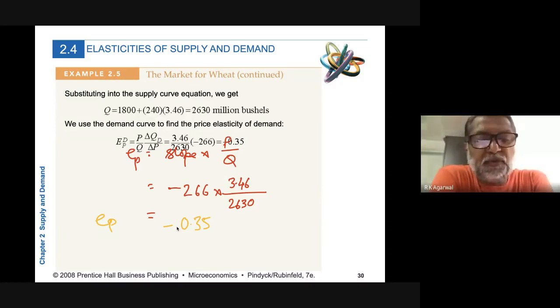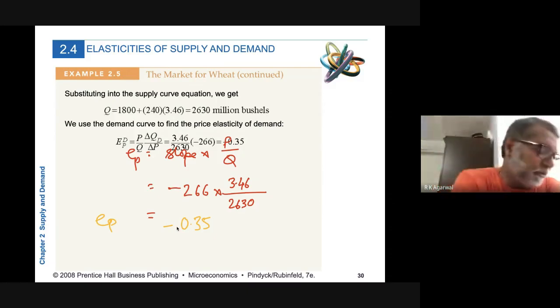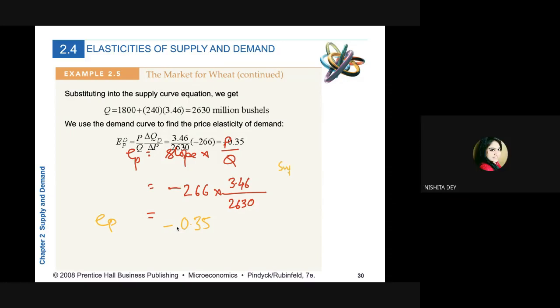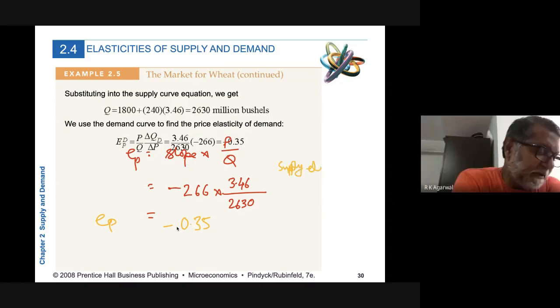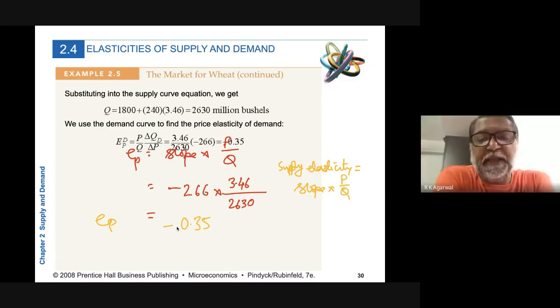What if we wish to calculate the price elasticity of supply at this price? We write supply elasticity. Supply elasticity will be equal to slope of the supply curve into P by Q. So what is the slope of the supply curve? 240.